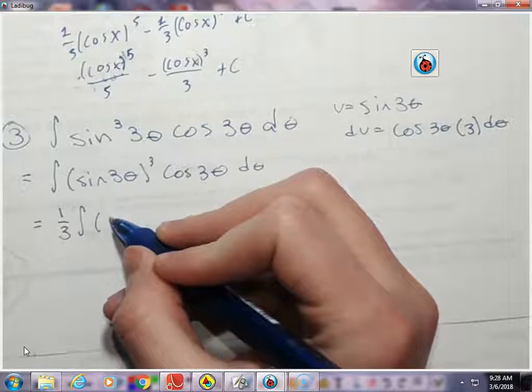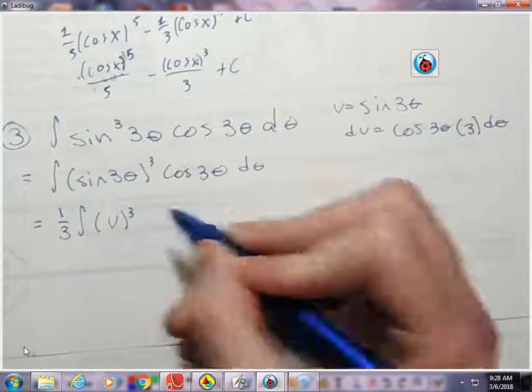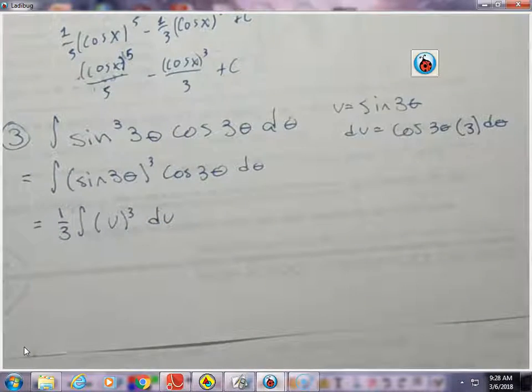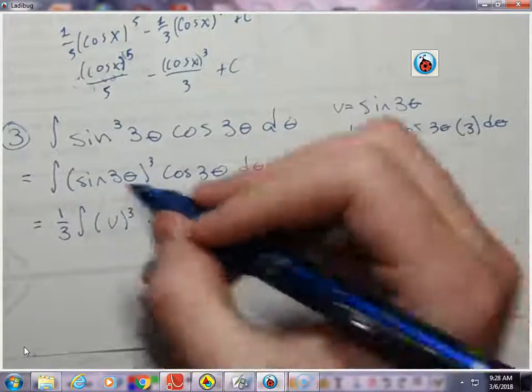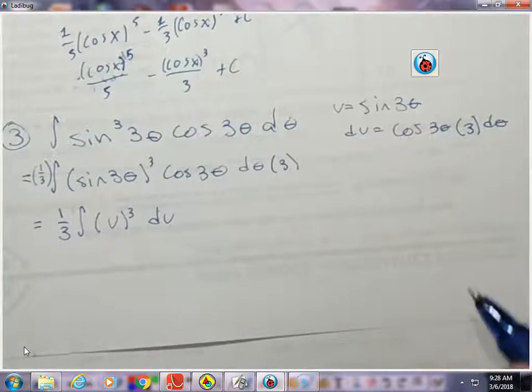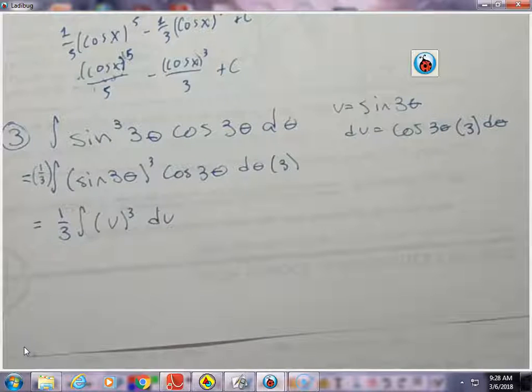And then it's just u cubed. I'm skipping a step because I like to, but if you added the 1/3 in here and the 3 in here, that's where it would be.